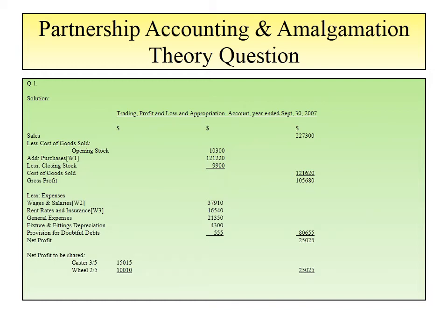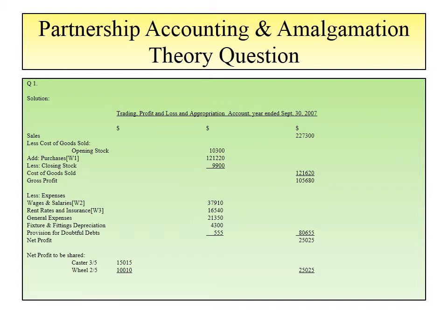Opening stock is taken 10,300, and add purchases, and the closing inventory is deducted from it. As a result we get cost of goods sold.